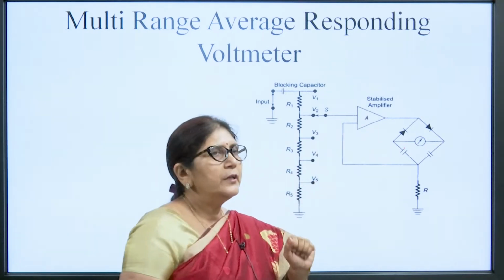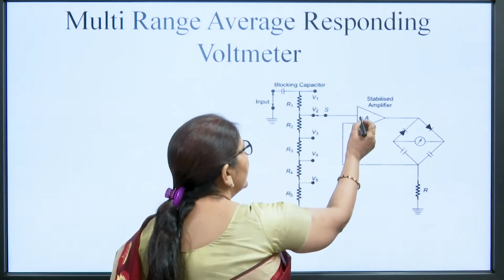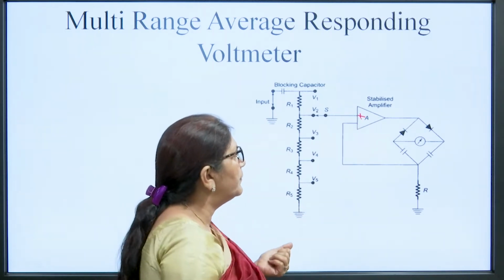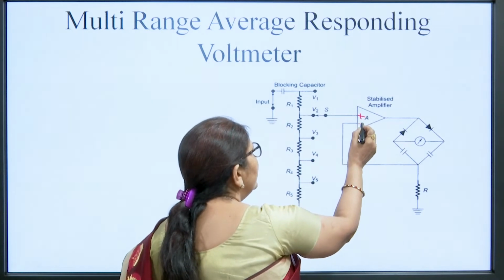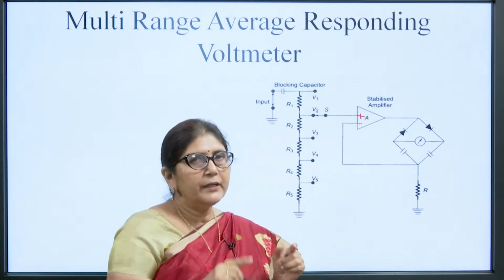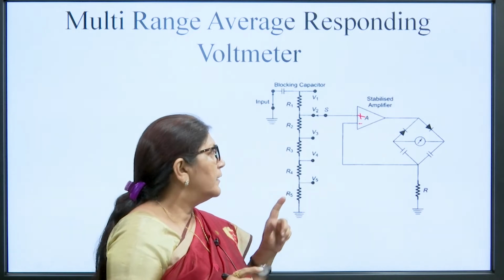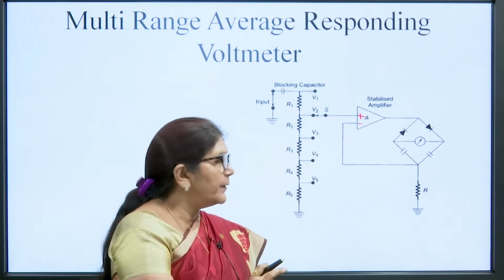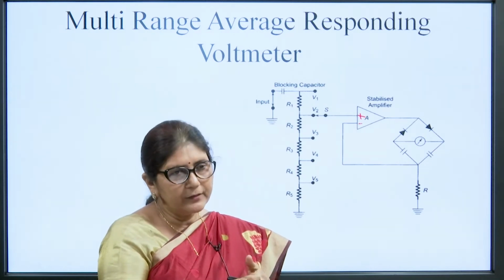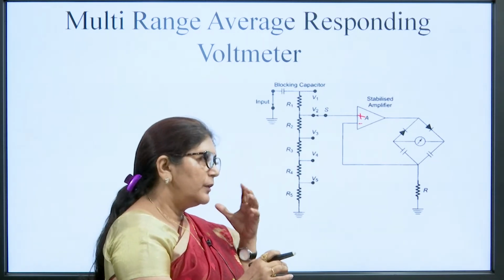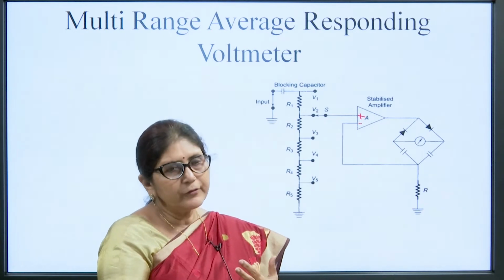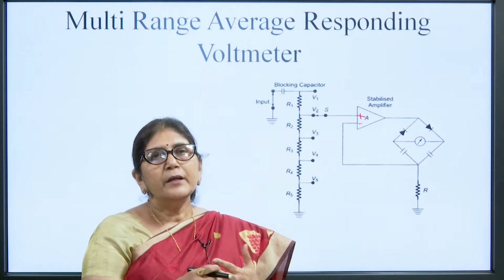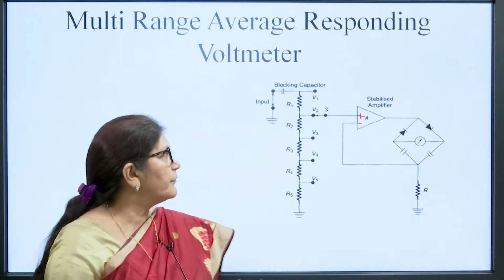Then we have used an operational amplifier. We have applied this input to the non-inverting terminal of the amplifier, and we are providing negative feedback to this op amp. The advantage of negative feedback is that it provides stability, it increases the input resistance of the operational amplifier, it decreases the output resistance, and it also increases the bandwidth of the amplifier.